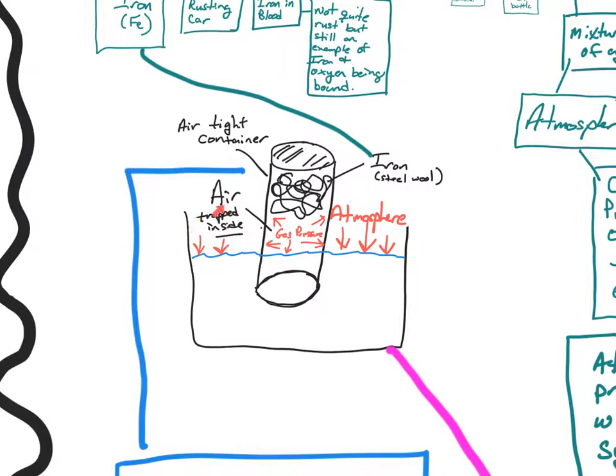Pushed up by what? By the air pressure outside, the atmospheric pressure. The atmosphere is pushing down on the surface of the water outside, and then the water inside is being pushed by the gas inside the test tube. Obviously, in the beginning, they're equal because you see that the water line is even.